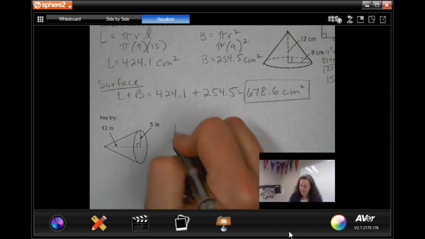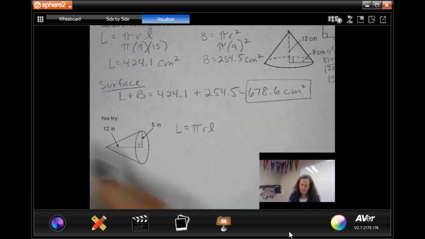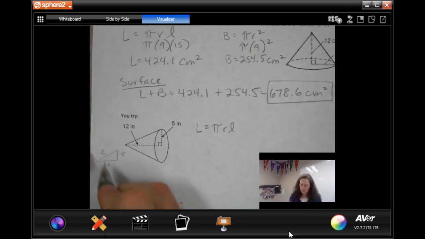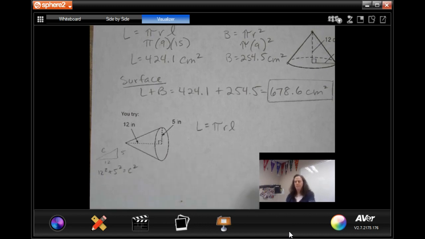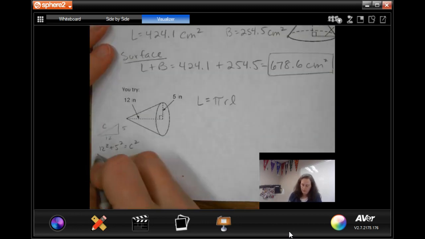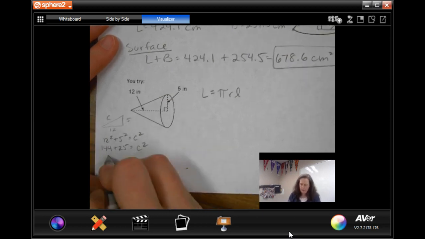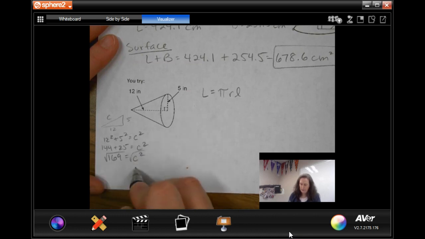All right, let's see. Lateral, pi times r times the slant height. And if we pull that triangle out, this side's 12, this side's 5. What's c? Because c is the slant height, and that's what we need. So I'm going to do a little work over here. 12 squared plus 5 squared is the hypotenuse squared. So 144 plus 25 equals the hypotenuse squared. 169, and if we take the square root of 169 is 13.